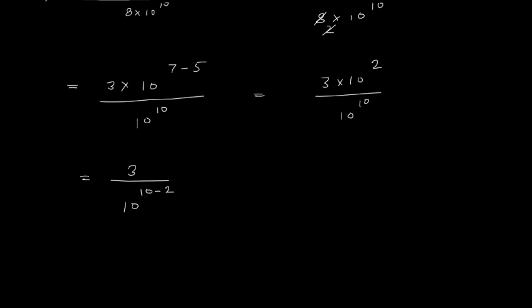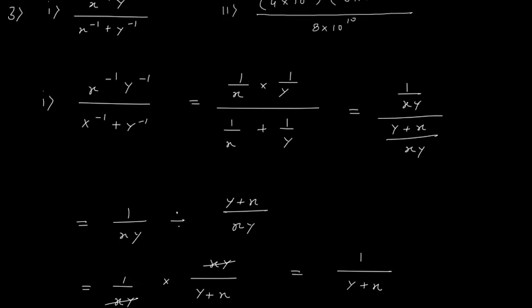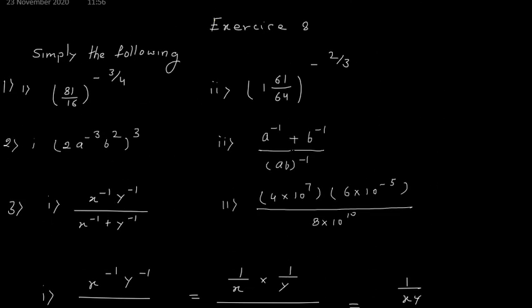So if power in denominator is more, then we subtract numerator power from the denominator power, and if numerator power is more, then we subtract denominator power from the numerator power. So this will give me 3 divided by 10 power 10 minus 2 is 8. So 3 divided by 10 power 8 is answer. This is for third question's second part.